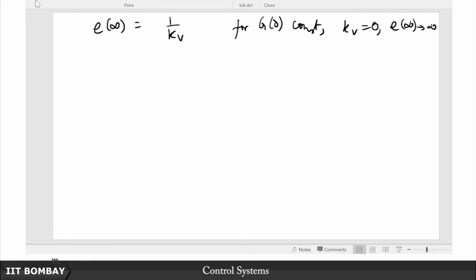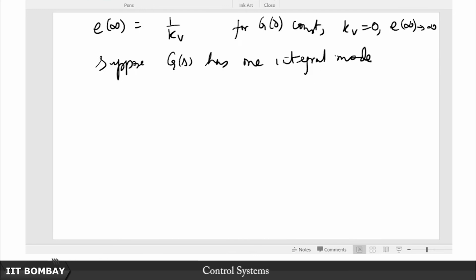On the other hand, suppose G(s) has one integral mode. Then G(s) can be written as some G bar(s) upon s, where G bar 0 is constant.